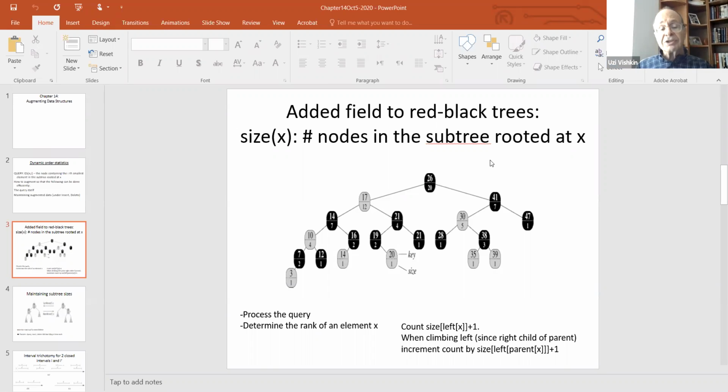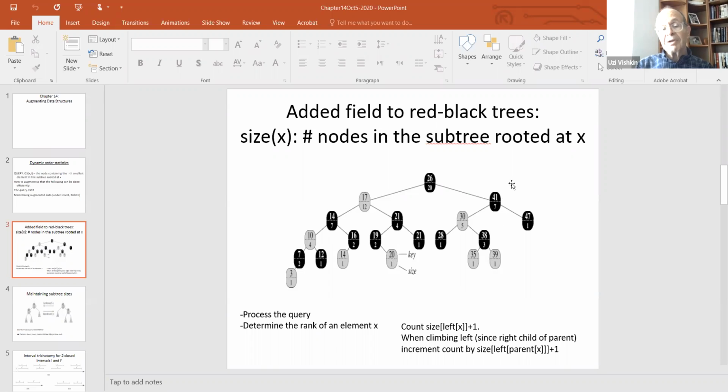What is the change? What is the new thing? Is that we keep as the lower number a size of the rooted subtree. Okay, so now when I have 20 here, what it means is that there is a total of 20 nodes in this rooted subtree. And why do I have a 1 here? Because it's a leaf. There's only one node in this. Here you have 12 because you have 12 here.